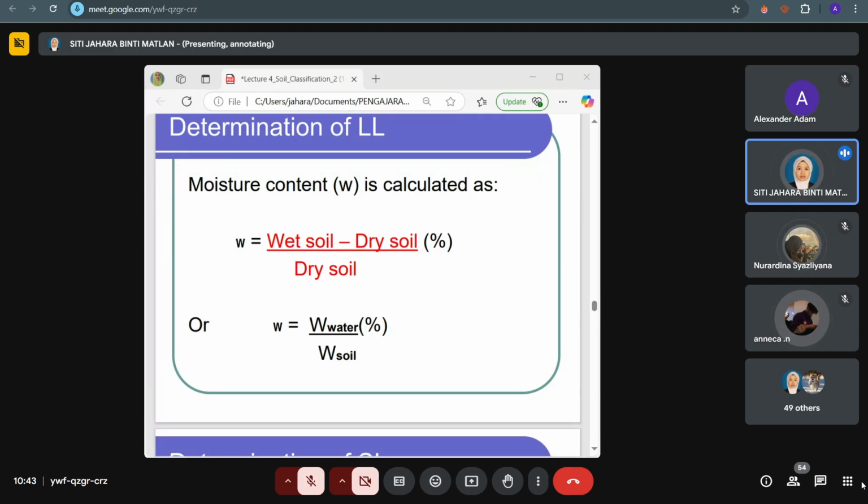The basic equation is moisture content equals wet soil minus dry soil, divided by dry soil, multiplied by 100. So the value of moisture content is in percentage.